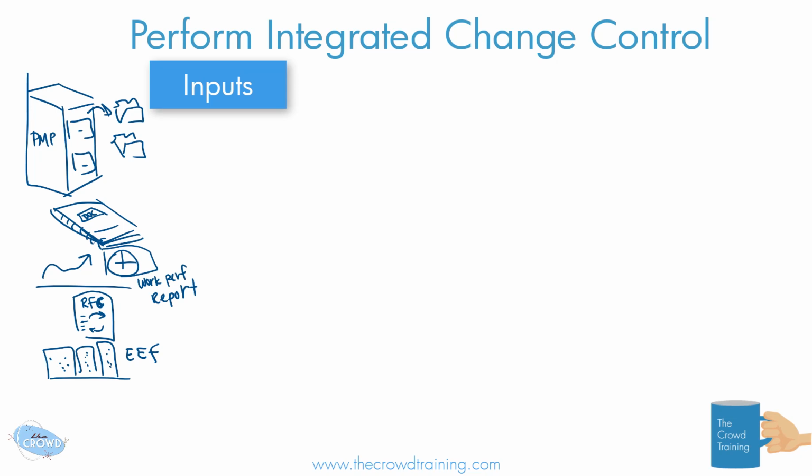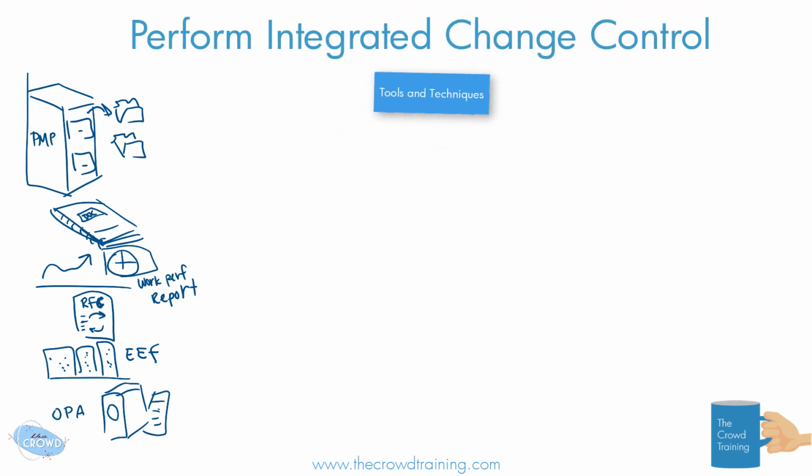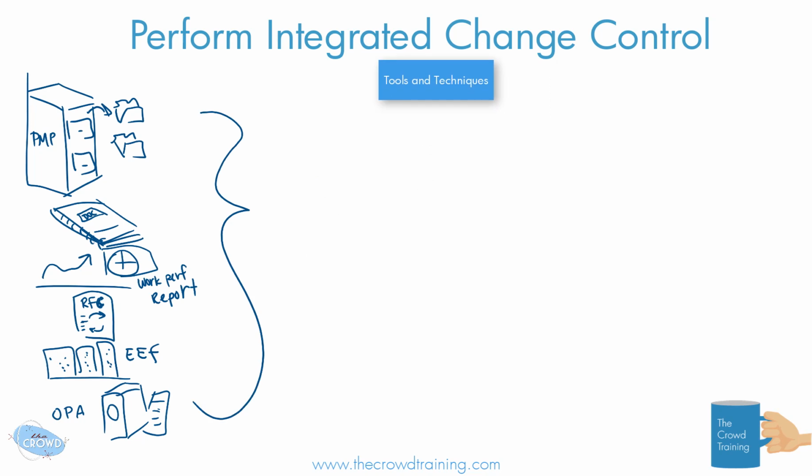Like in our organization, maybe everything's done by email, or maybe you present yourself at a change control meeting with your change advisory board. That doesn't matter. However you want to do it, let's throw some binders up here with some templates and whatever the case might be. But these are your organizational process assets. All right, those are your inputs, and we will now move on to the tools and techniques.